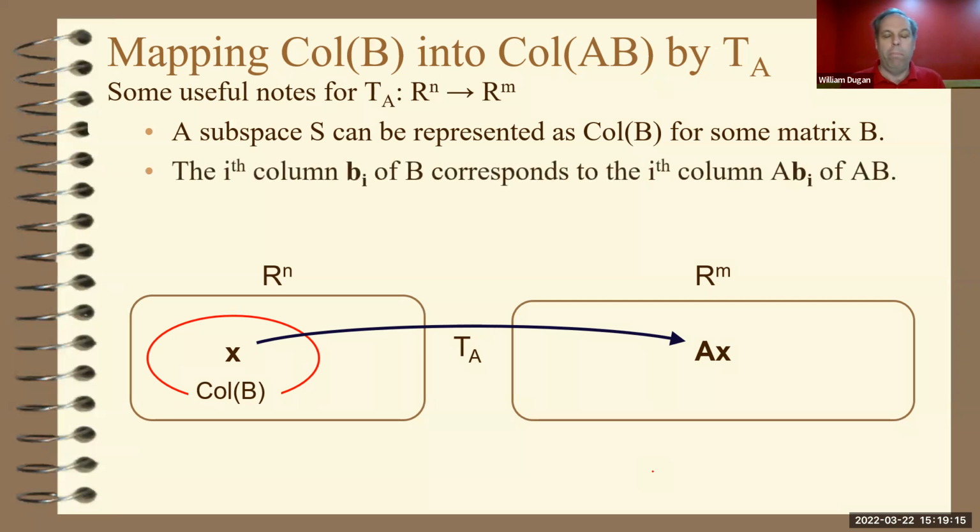Okay, but the ith column of B, call it Bi, corresponds to the ith column in the product A times B, which is A times Bi.